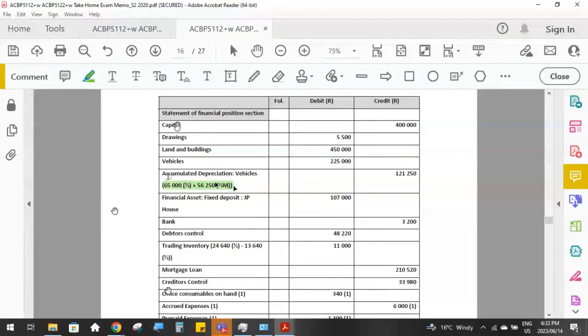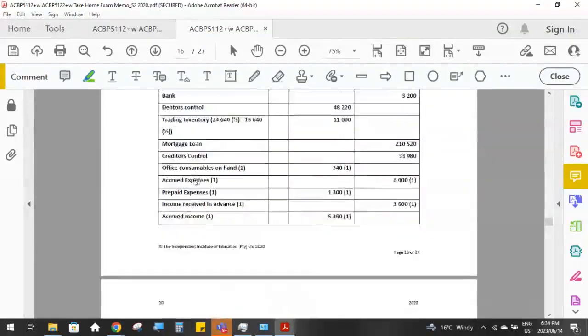You can do it like that, or you can have a page for all of your calculations and write them down. They must be headed and labeled so you know which calculation refers to which account.